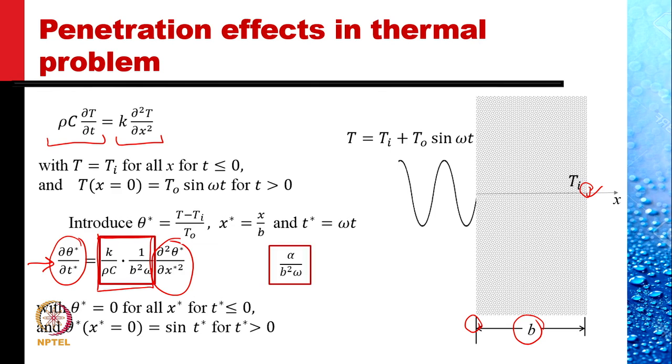This coefficient, in terms of the thermal diffusivity alpha, which is K by rho C, becomes alpha divided by B square omega. So this is the parameter that determines the relative importance of the two terms.